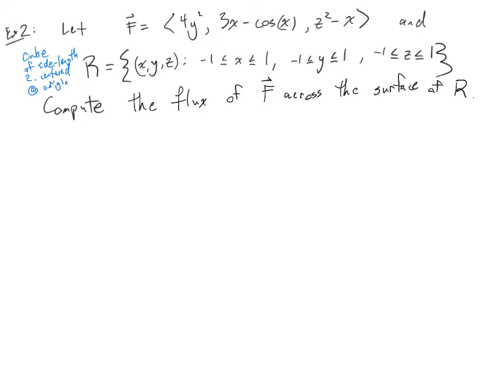I want the flux across the surface of R, and what surface of R means, this is kind of imprecise, but this is how English works, is I want the boundary of R. Well, R's a cube, so here's what R looks like.